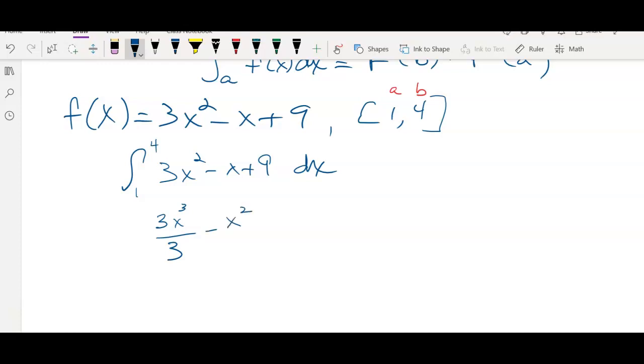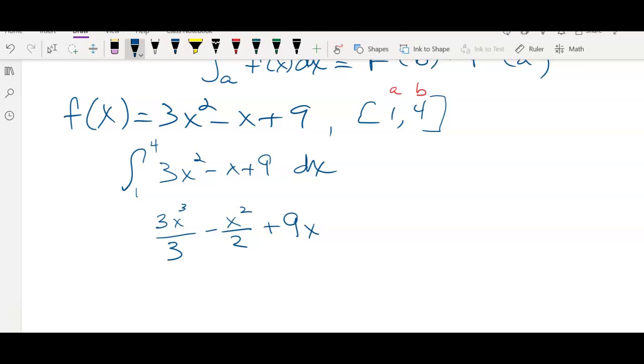Minus x squared over 2, plus 9x. Now, if we were doing an indefinite integral, how would we end this? Plus c. You don't need plus c here, and I'll show you why algebraically in a minute. Instead of doing plus c, this is what you're going to do. New notation.